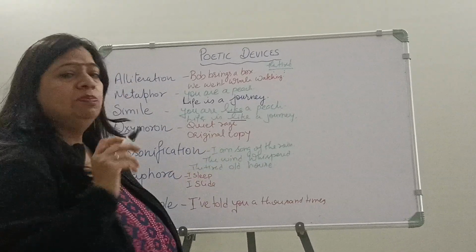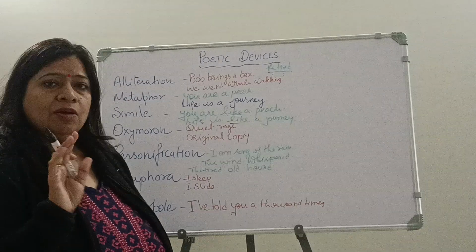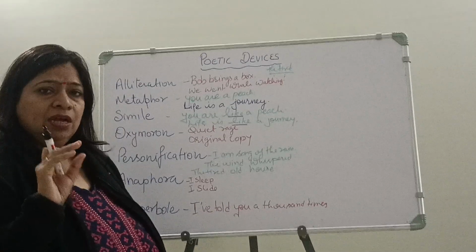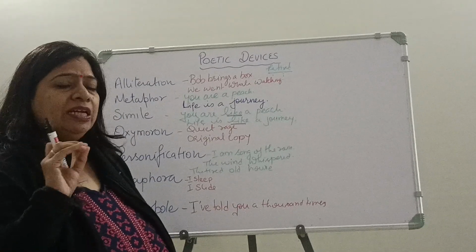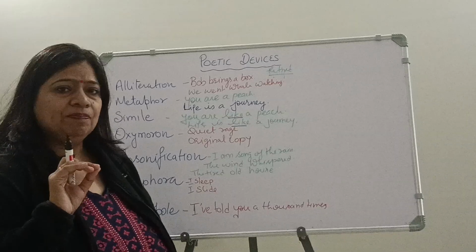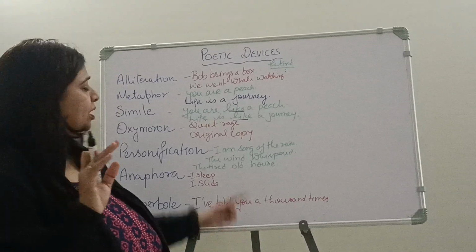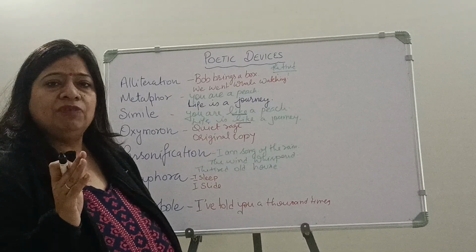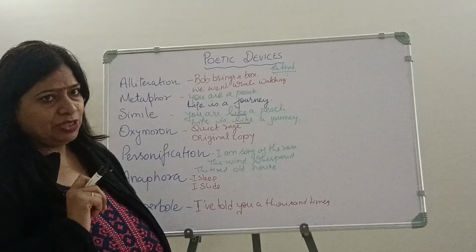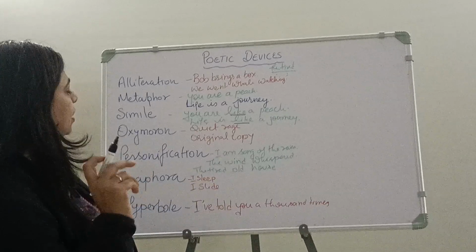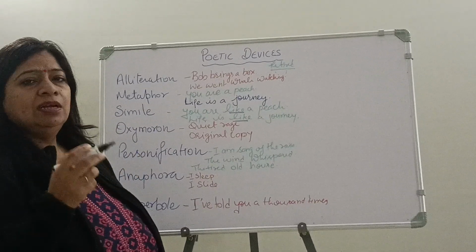Another example, the wind whispered. Wind does not whisper. Wind makes a sound, but wind does not whisper. Whispering is a quality of human being, right? So here wind is personified. So we have personification. Another example, the tired old house.